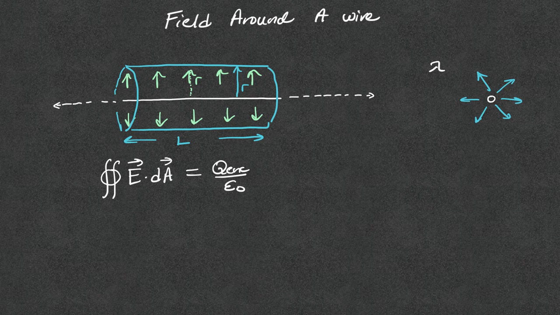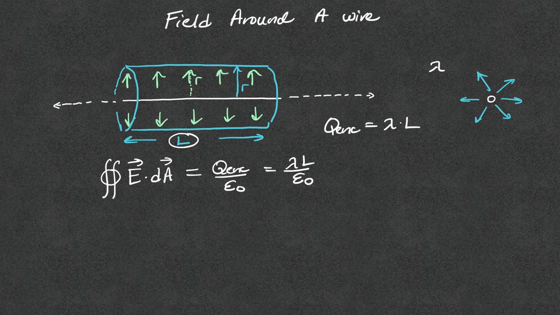Well, we know that an amount of length L is enclosed by the Gaussian surface, and so the Q enclosed within that is just going to be lambda times L. And so this side of the equation becomes lambda L over epsilon naught.